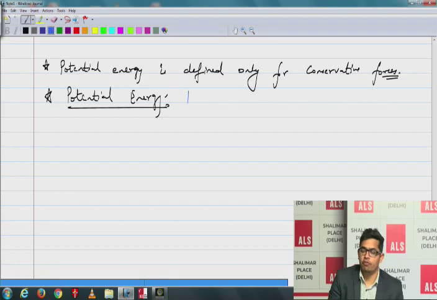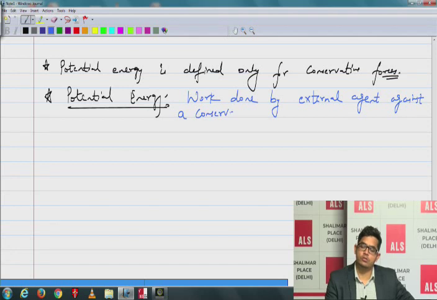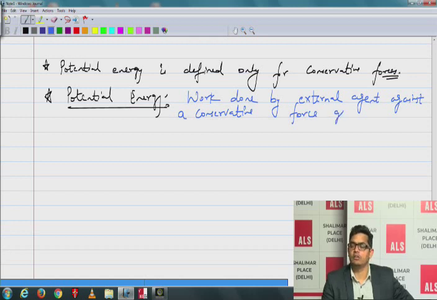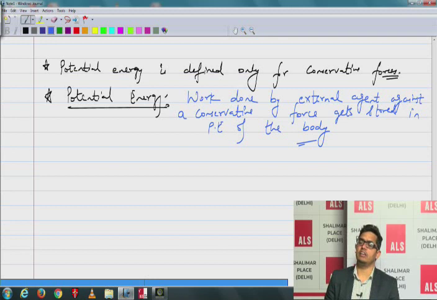Work done by an external agent against a conservative force gets stored in potential energy of the body.